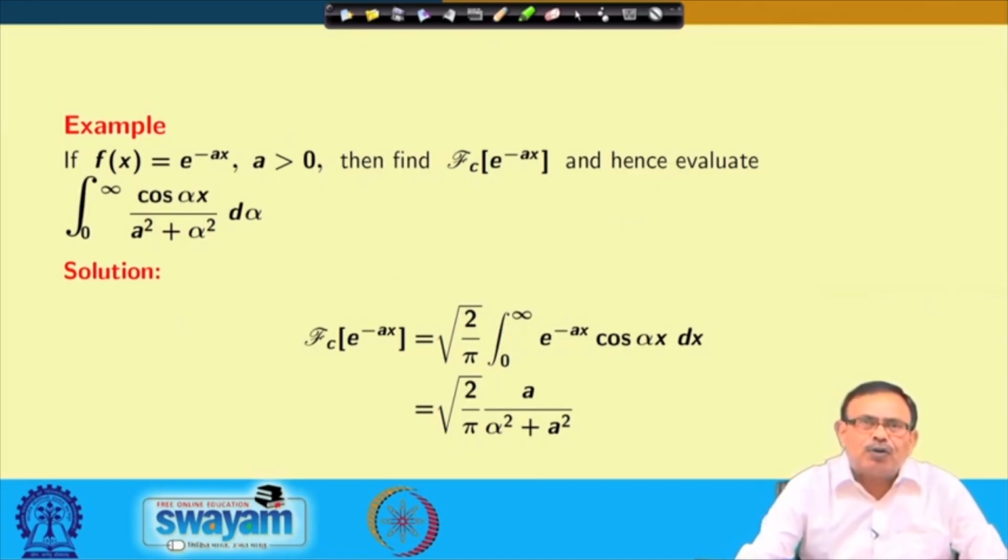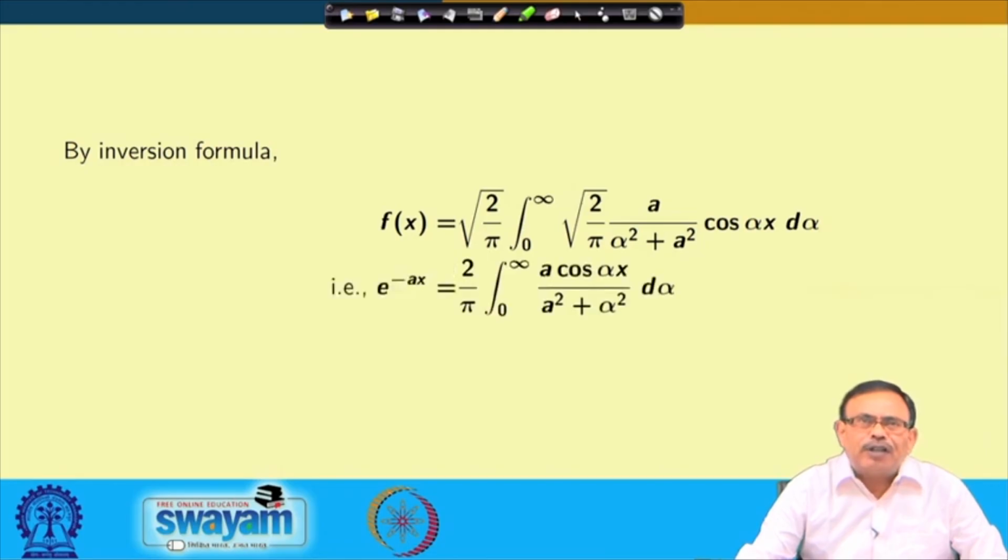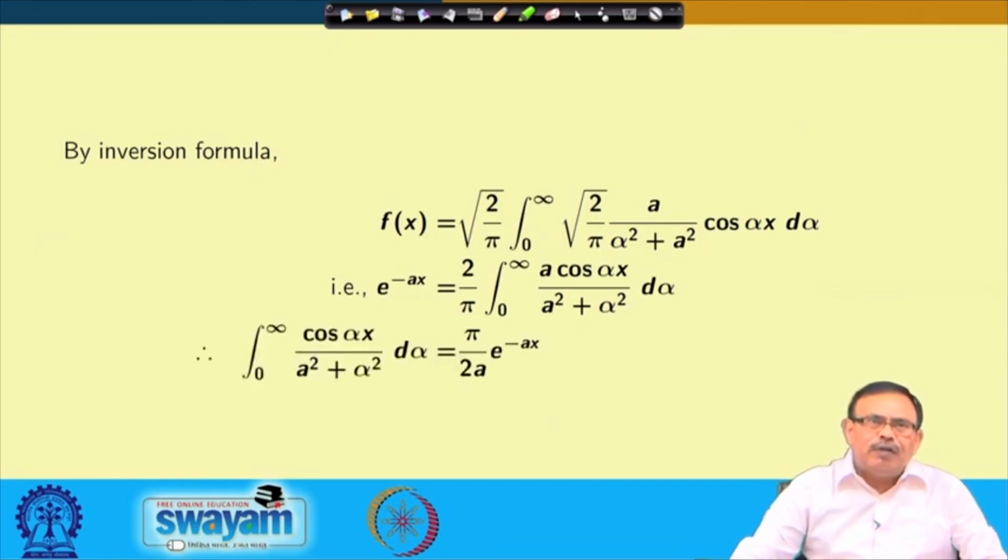And once I know the Fourier cosine transform of the function, using the inversion formula I am finding f(x) equals this value, and therefore, f(x) is e^(-ax). So, this equals 2 by pi times the integral from 0 to infinity of a cos(alpha x) by (a square plus alpha square) d alpha. So, the value of the given integral, that is, the integral from 0 to infinity of cos(alpha x) by (a square plus alpha square) d alpha equals pi by 2 into e^(-ax).